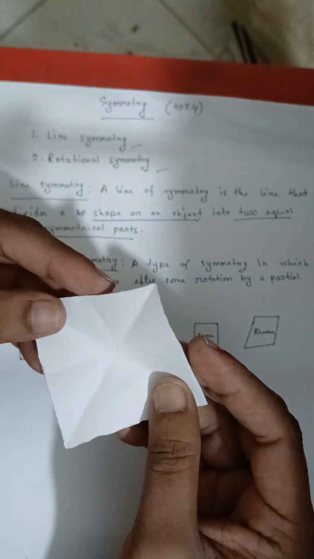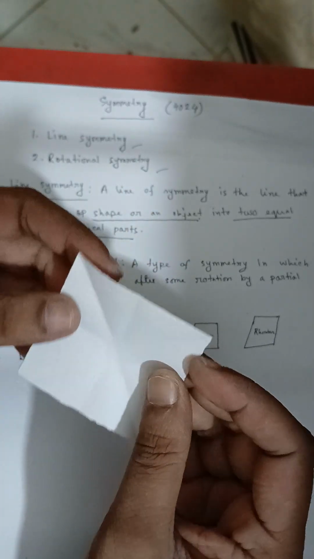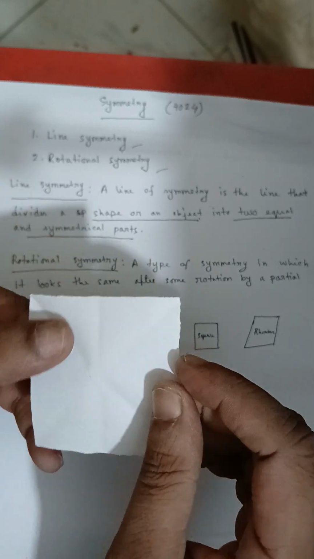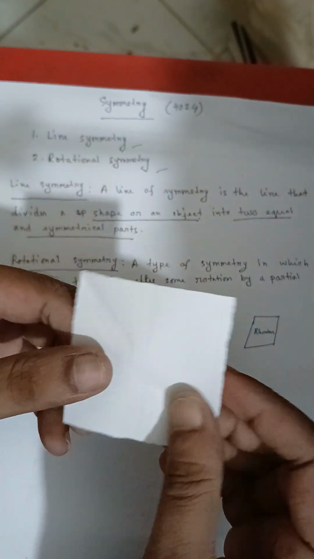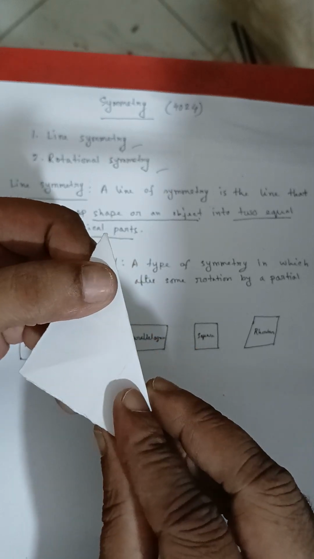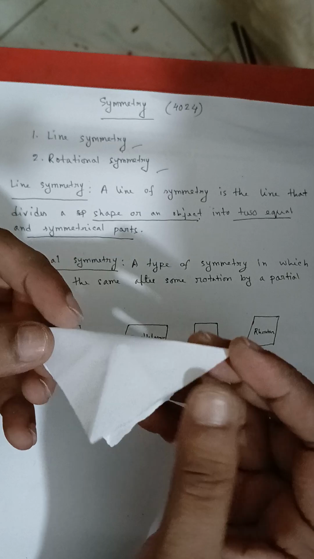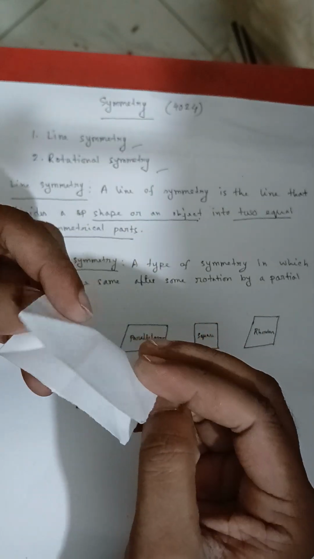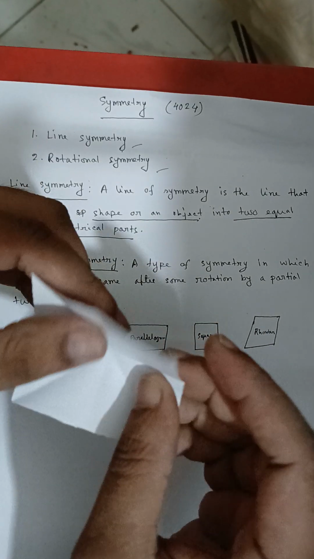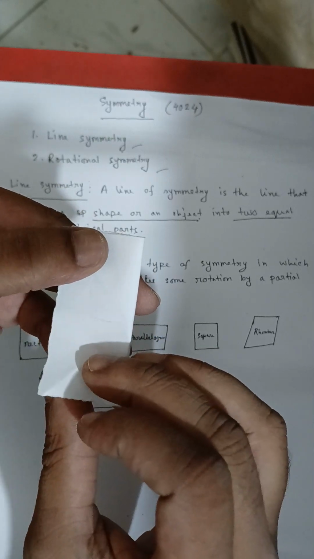And if I fold it that way, so how many lines of symmetry here? One is this one, another is that one, and another is that one and that one. So how many?